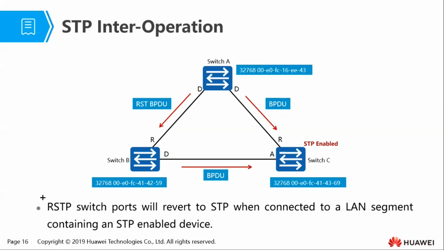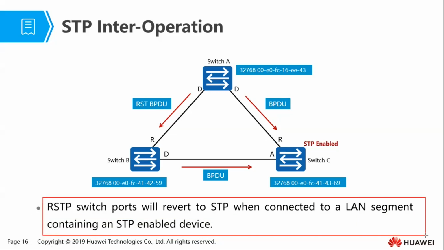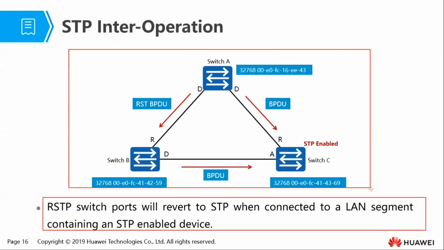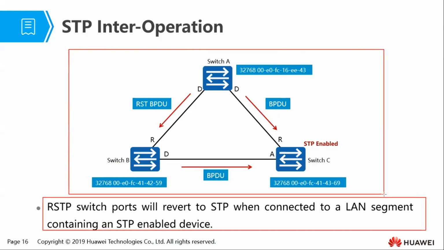Now, the strategy with RSTP in terms of backward compatibility and working with STP is that if in an RSTP network, a new switch is added whose mode of operation is STP, then all the other switches are going to revert back to using STP.